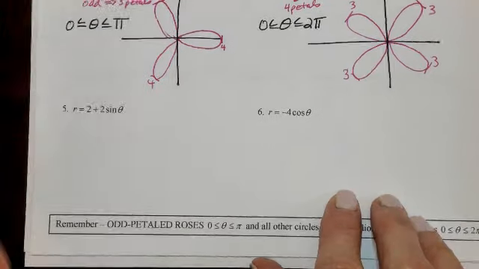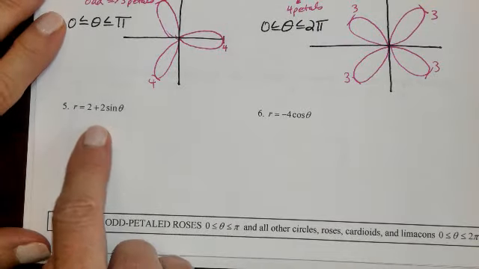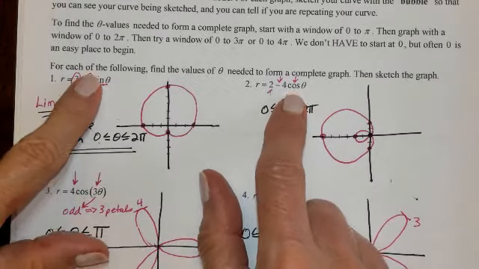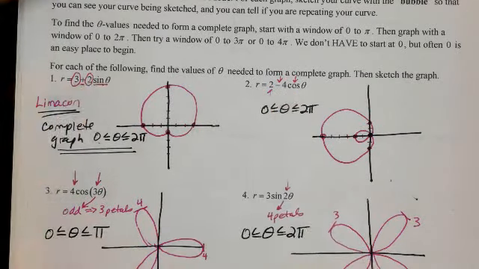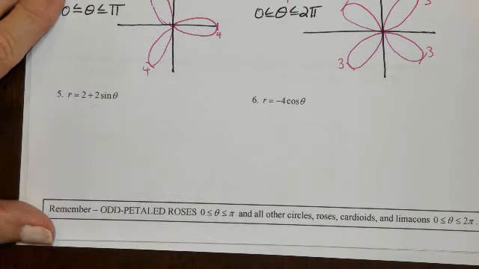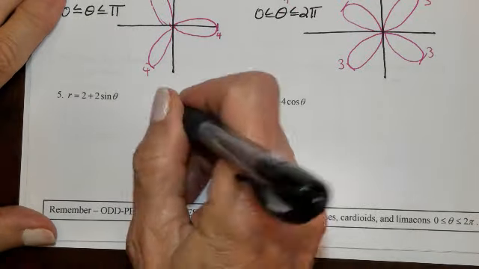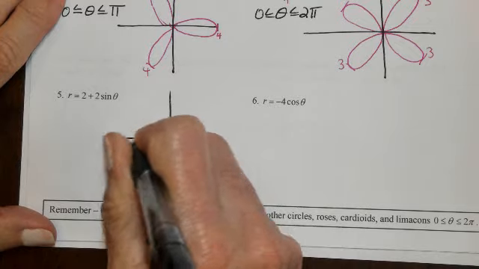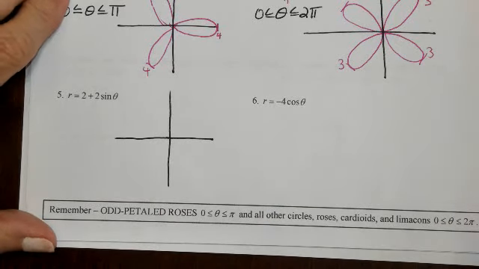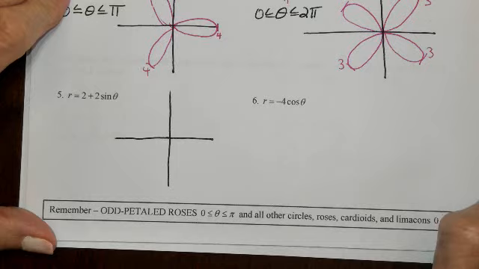All right. Next up. This looks more like a limacon, doesn't it? It looks like a limacon in a form, but the absolute value of those two numbers are the same. This is called a cardioid. So this is a cardioid, but we graph it the same way that we did a limacon. It's just that there's no loop and it doesn't bump out, it just goes through the pole.